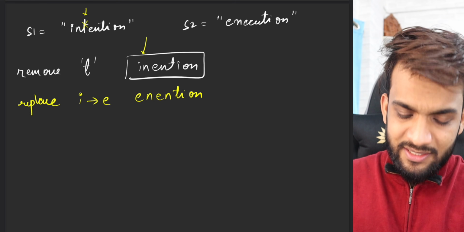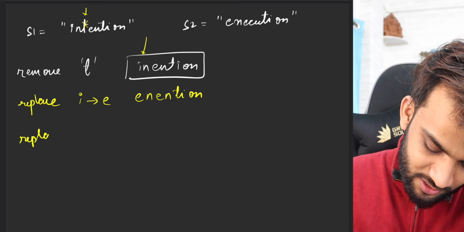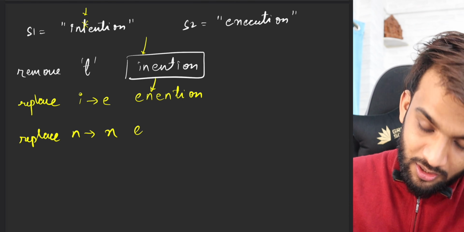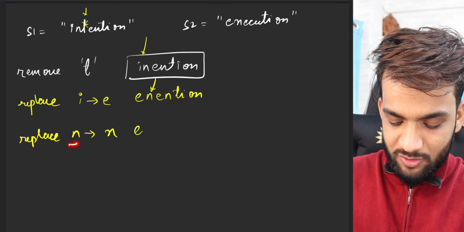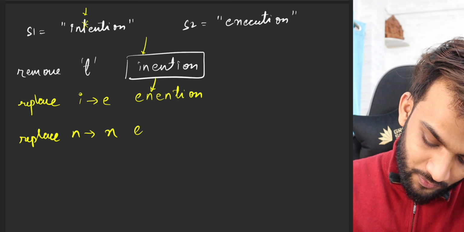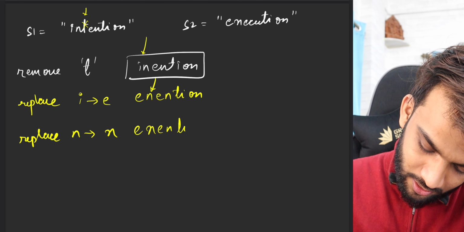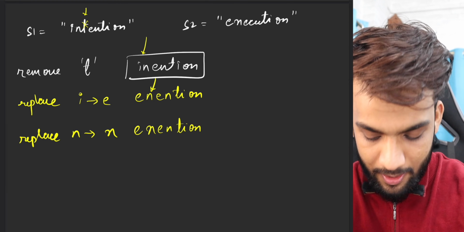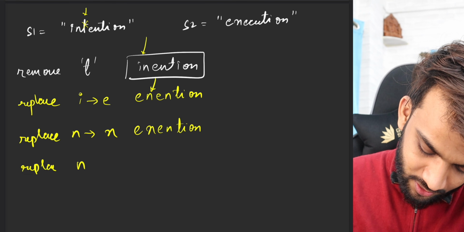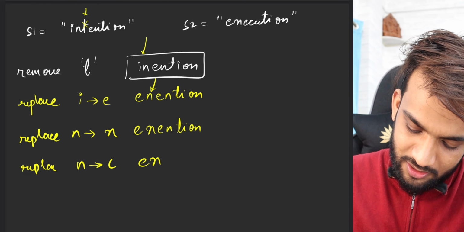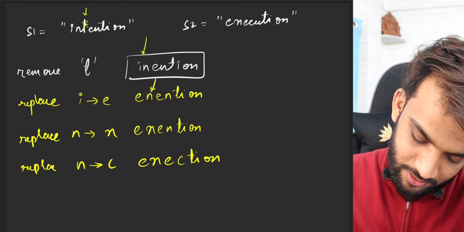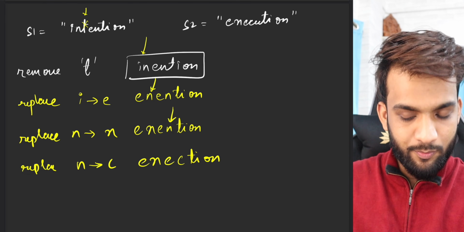Next, let's replace N with X. Remember, whenever I say replace one N, you can just replace one N. This becomes EXENTION. Next I will replace N with C, which makes it EXECTION. Perfect.